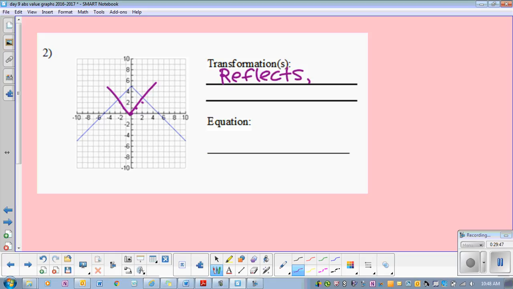Now, your vertex, it went up how many? 5. Good. It went up 5 and it flipped, so that's why that happened. Yeah? You see that?